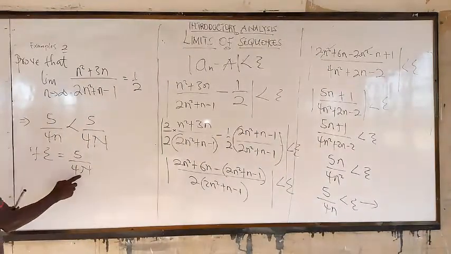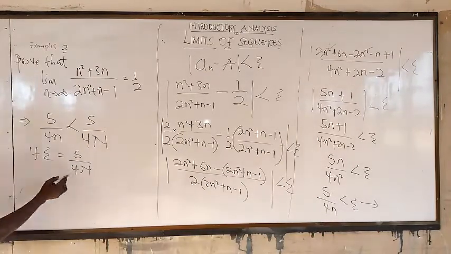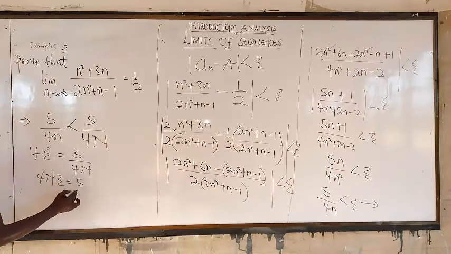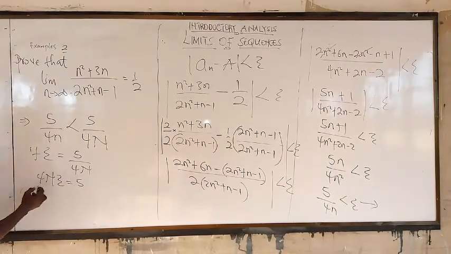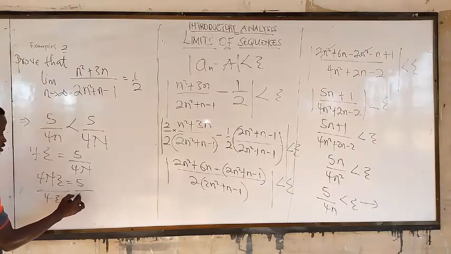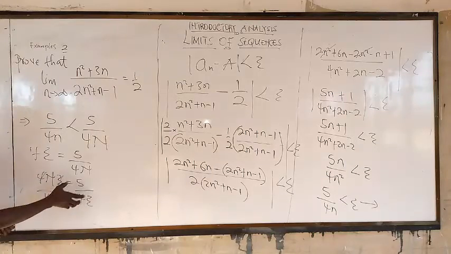Then, to get capital N, we get 4 capital N epsilon is equal to 5. So you can see that capital N is just going to be 5 over 4 epsilon. This will cancel that. So we get capital N to be this.